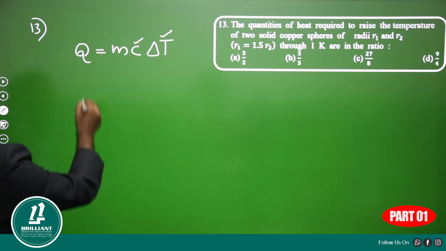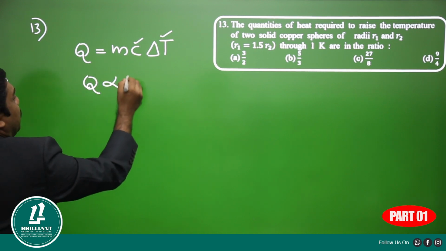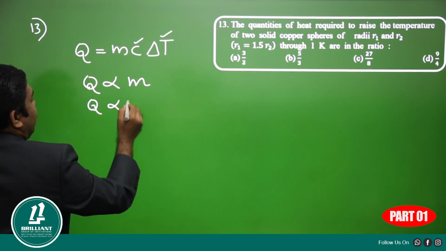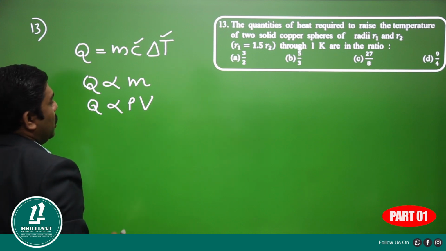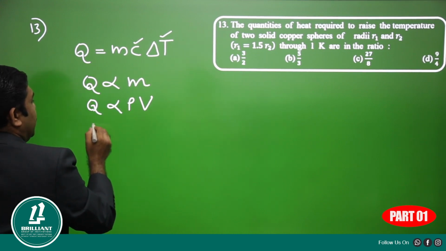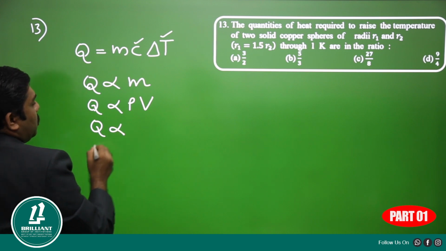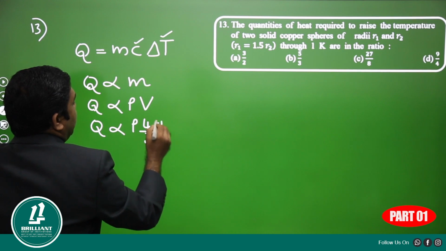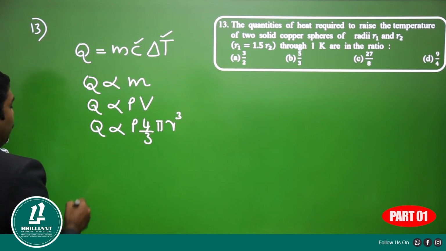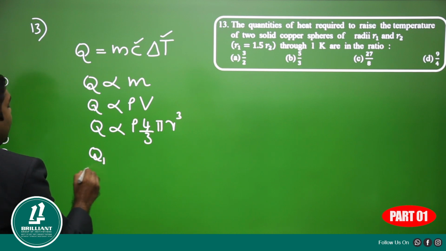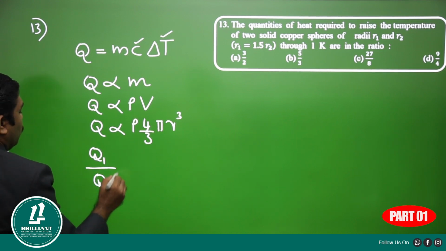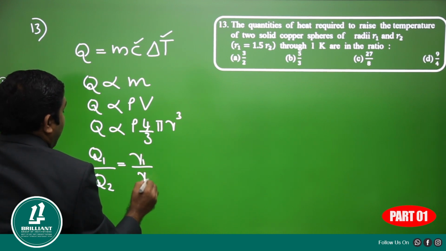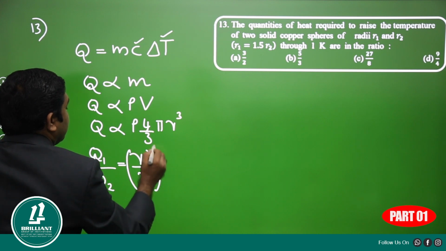Now what can we say? Q is directly proportional to mass, and mass is rho V. The density is the same, so Q is proportional to rho V, and for a sphere V is 4 by 3 pi R cube. So we can say Q1 by Q2 is equal to R1 by R2 all cubed.